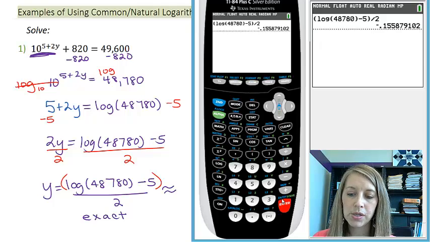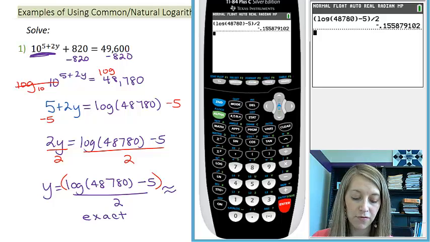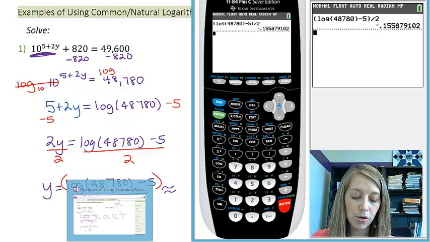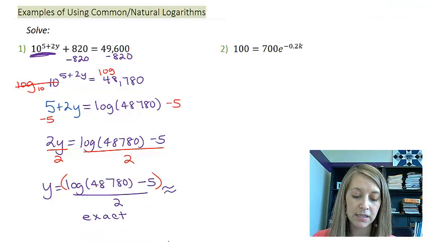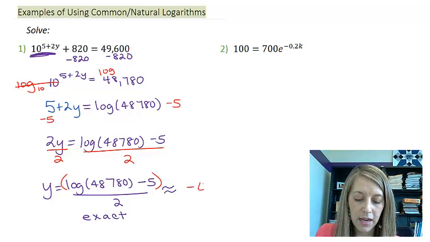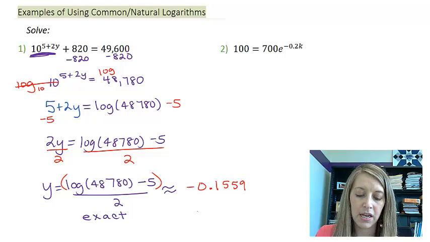And so my answer is negative 1.559, and that is rounded to 4 decimal places, but make sure you pay attention to what your exact instructions are. So negative 1.559 is my approximate answer.